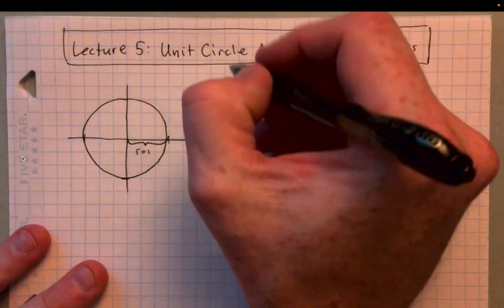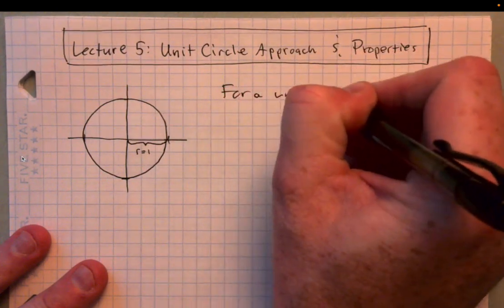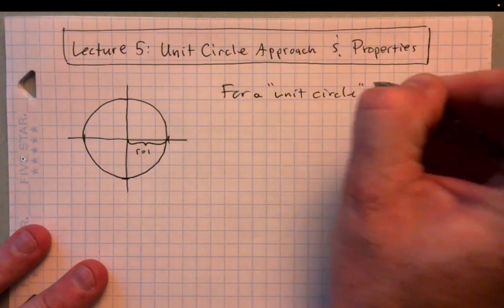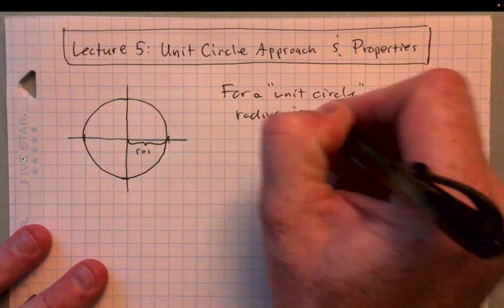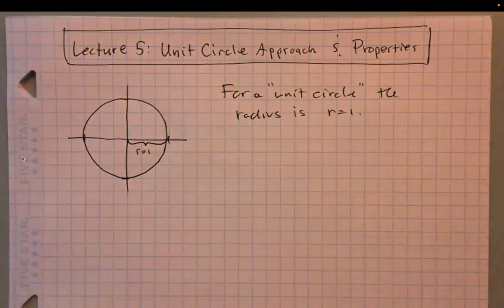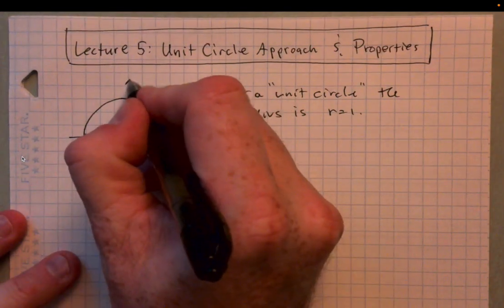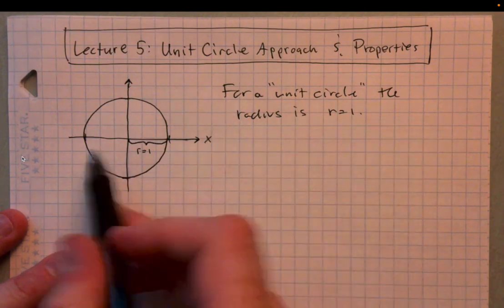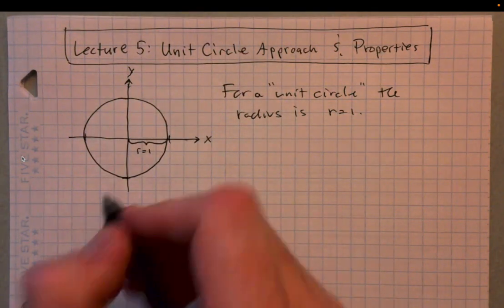Okay, so for a unit circle, the radius is r equals 1. And typically we'll represent the unit circle, I would say pretty much all the time, as having its center at the origin of the Cartesian plane as well.